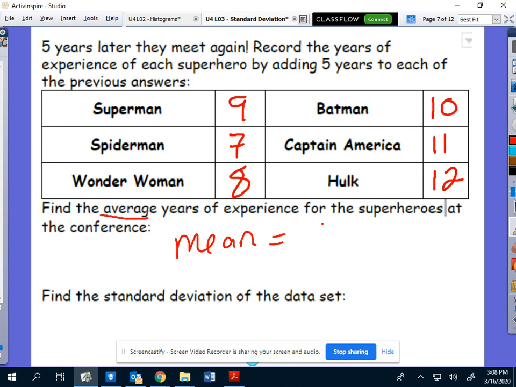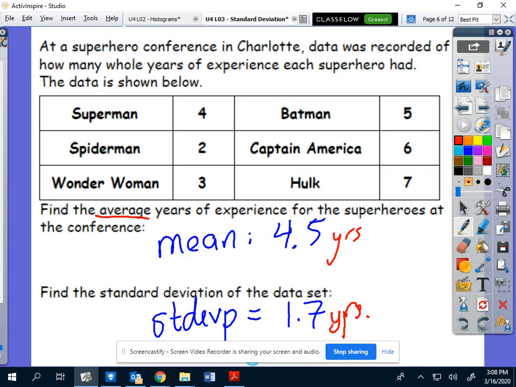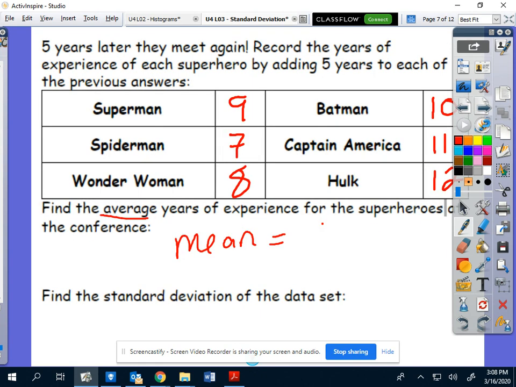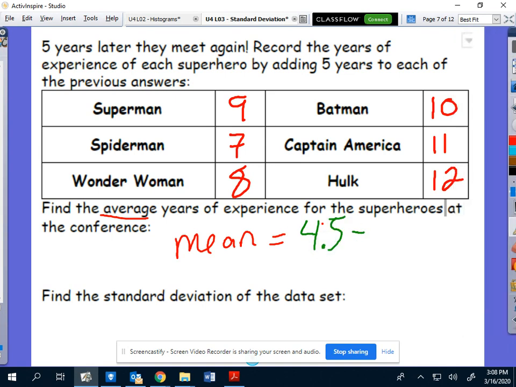Then if our mean was 4.5 years of experience, now 5 years later, we're simply going to take that 4.5 and add 5 to it, because everybody has 5 more years of experience. So the mean is going to go up to 9.5, right? Because we now have 5 more years of experience.